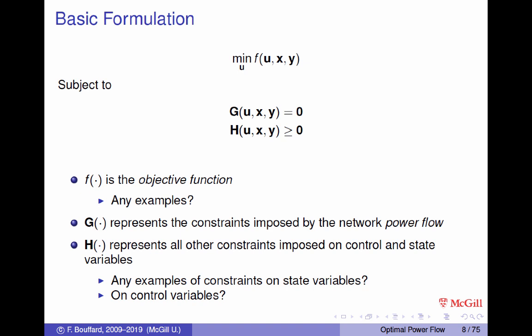We're minimizing some function of the control variables u and state variables x, given a set of parameters y, subject to the vector function g of u, x, y equal to 0, which corresponds to the power flow equations. These are equality constraints, as we've seen before, and h of u, x, y greater than or equal to 0 represents all the other constraints inside a network.